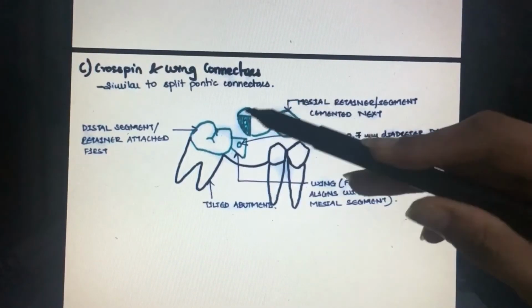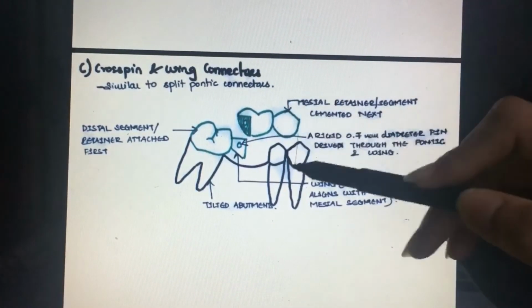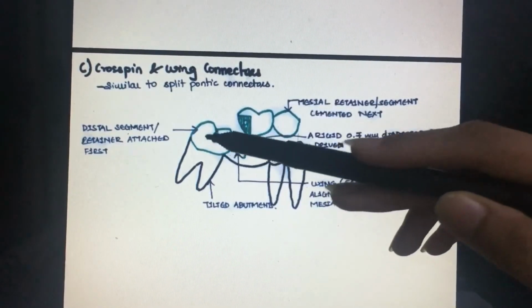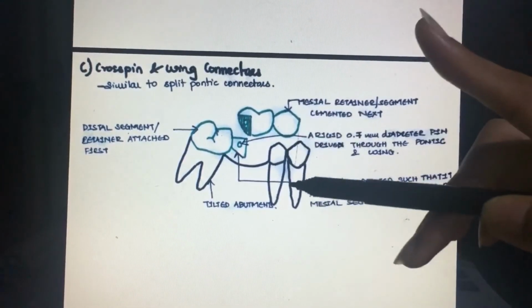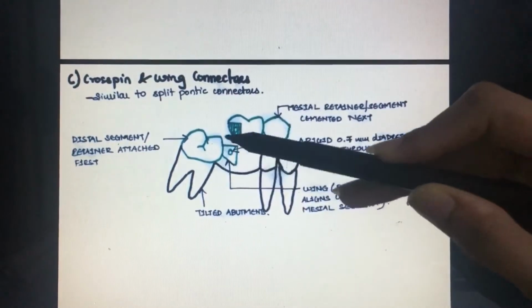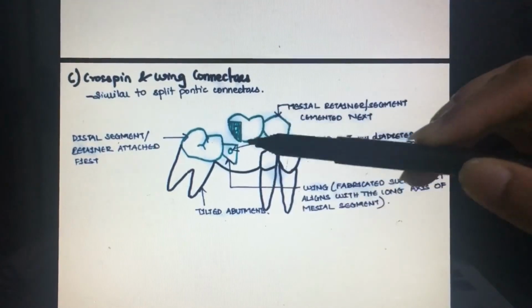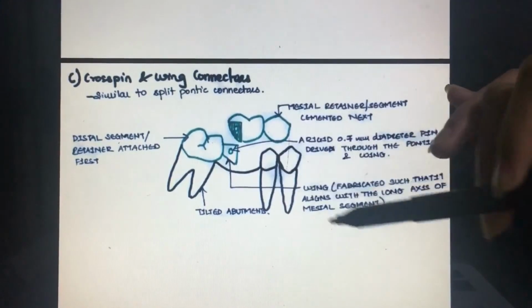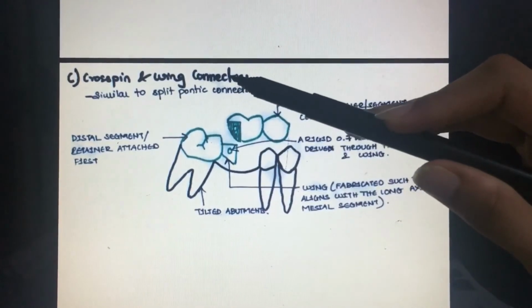This is the mesial component, which is cemented secondly, whereas this is the distal component, which is cemented first. Now make a note of it, guys. This wing, which you can see, is fabricated such that it aligns with the long axis of the mesial segment. This is an important point in crosspin connectors.